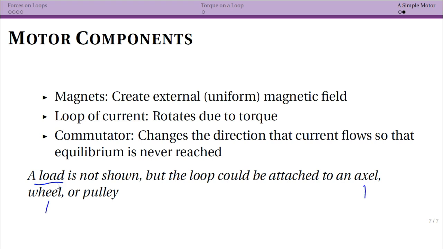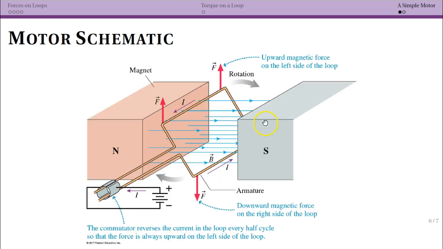Maybe it's directly connected to wheels, or maybe it's connected to a pulley and this is driving, for instance, an elevator or something like that. So the idea being that we need these three things to make something spin. And we have the basic idea of a motor, but then we attach it to something we want to make spin. So we could, for instance, put a wheel on the back end of this or something like that.